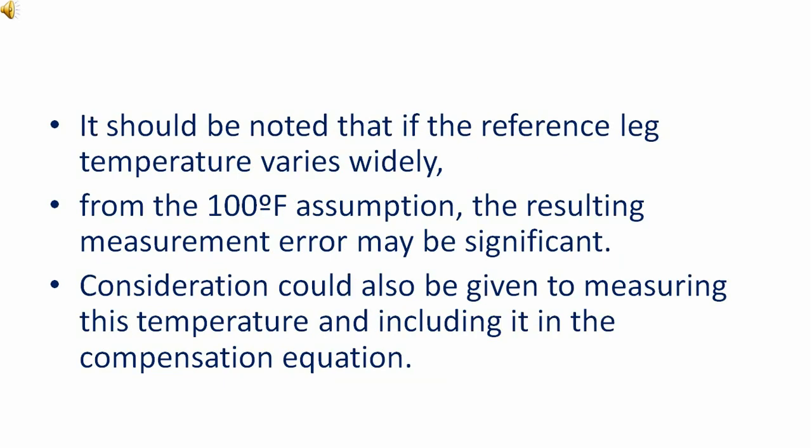It should be noted that if the reference leg temperature varies widely from the 100 degrees Fahrenheit assumption, the resulting measurement error may be significant. Consideration could also be given to measuring this temperature and including it in the compensation equation.